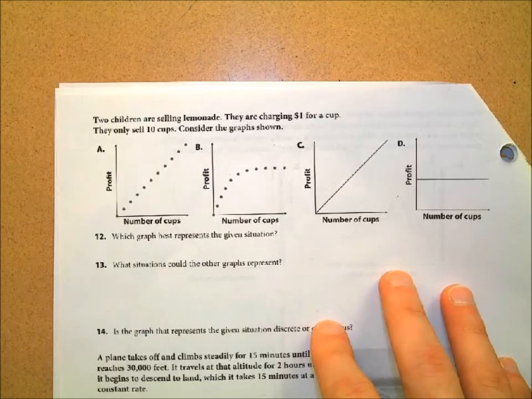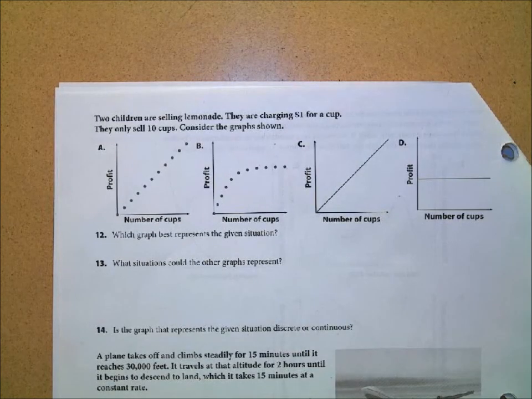Okay, so question here. C and A, aren't they kind of the same thing? Let's take a look. What do you guys think? Are C and A the same? No. Not quite, right? But they're close.